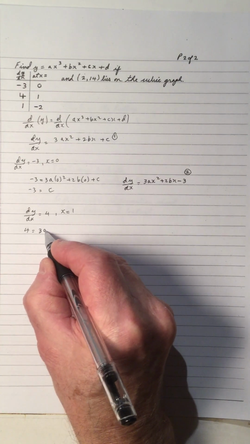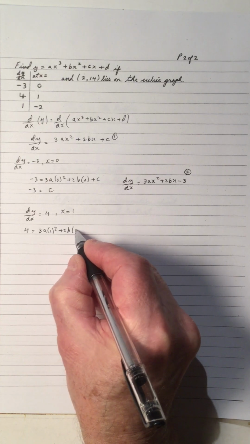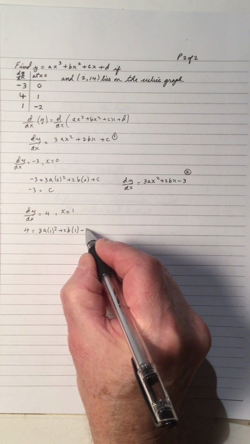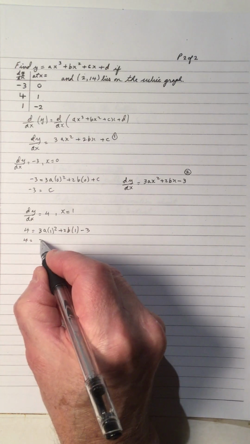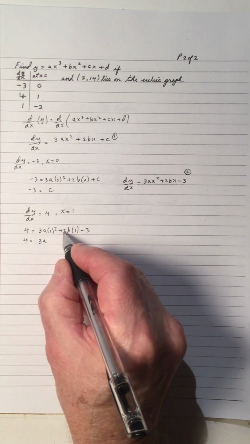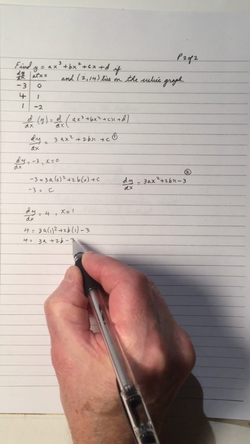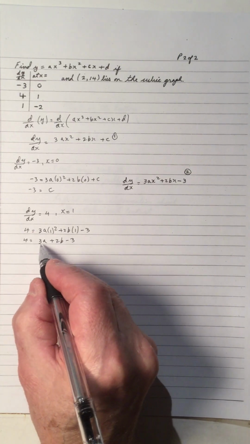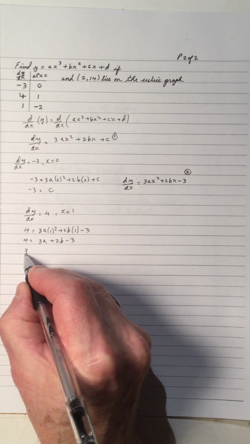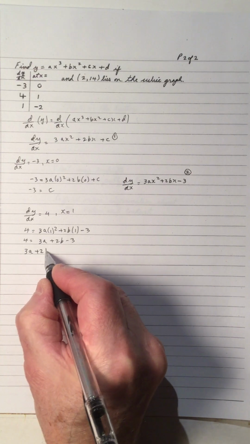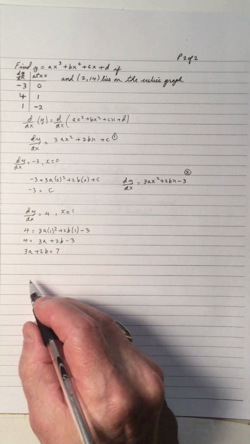So it's 3a(1) squared plus 2b(1) minus 3. 1 squared is 1, so that's 3a, 2b times 1 is plus 2b, minus 3. So 3a plus 2b, move the 3 over, make it a 7. So 3a plus 2b is equal to 7.